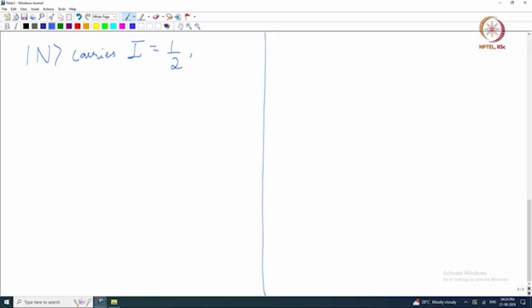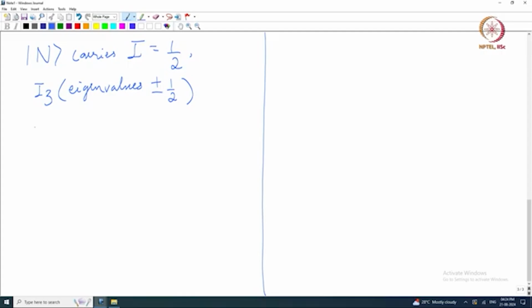Then I can pick I3, or Iz if you want, but people just call it I3, to be the other operator that I can measure simultaneously with the total I, just like in spin. All the algebra exactly carries through. Then what would be the eigenvalues of I3? That would also be plus or minus half, just like Sz.